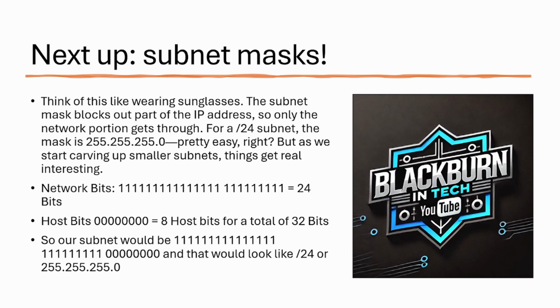For example, if we do a /25, which we'll cover in a little bit, the subnet mask will be 255.255.255.128. When you put that in the computer, that's how it knows what the subnet is and what its local network is, or whether it needs to go out to your router to reach the next level of communication.